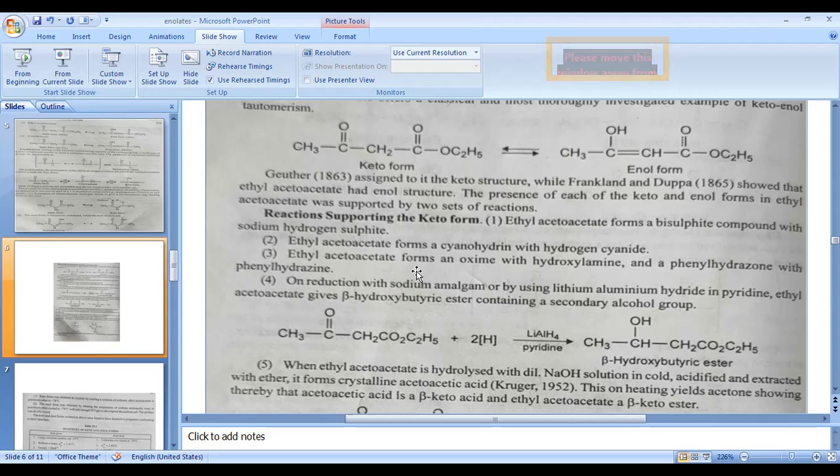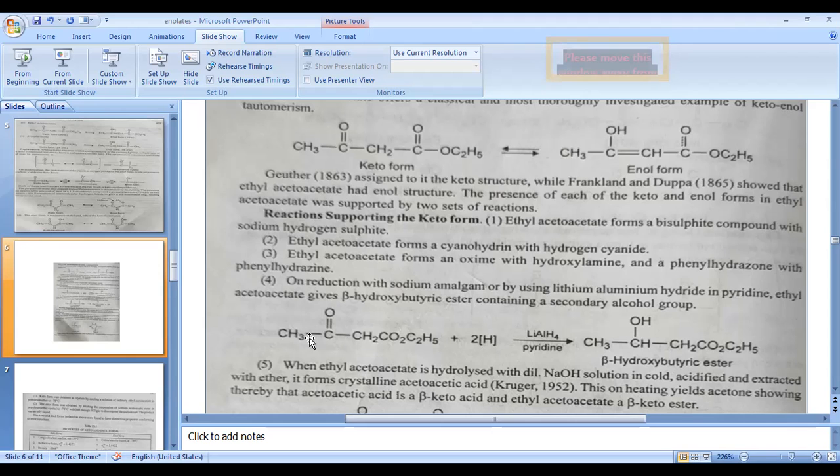Again, ethyl acetoacetate forms an oxime with hydroxylamine, H2NOH, which is the formula of hydroxylamine, and a phenylhydrazone with phenylhydrazine. These two reactions again give proof that this compound contains a keto group.